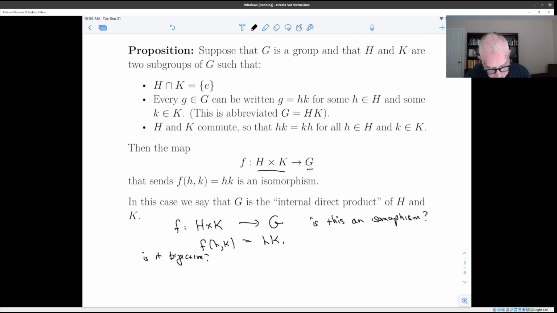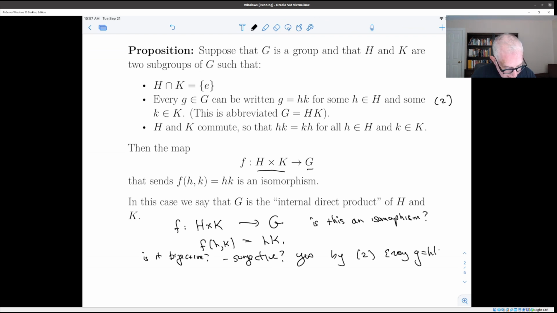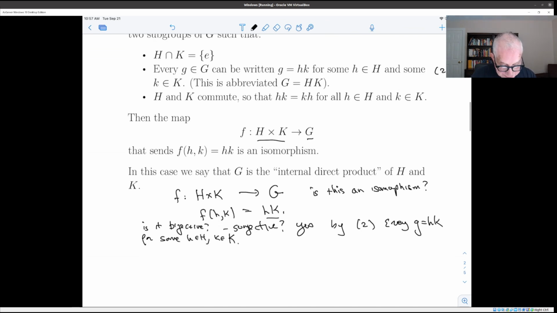And for that, we need to know, is it onto or surjective? And there the answer is yes by 2. Namely, we know that every g is equal to hk for some h in H and k in K, and therefore every g is going to arise as this combination hk.